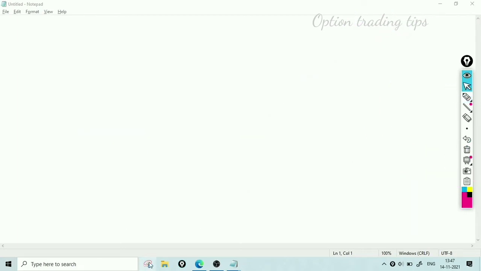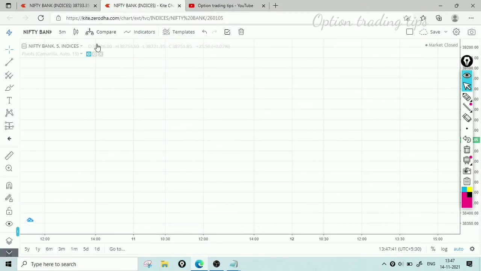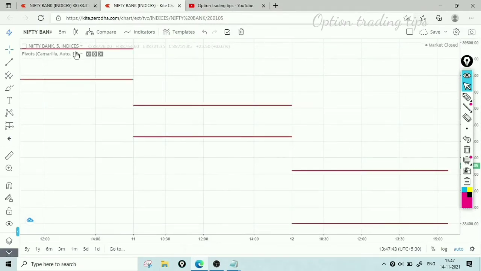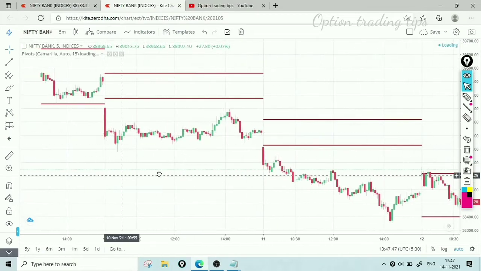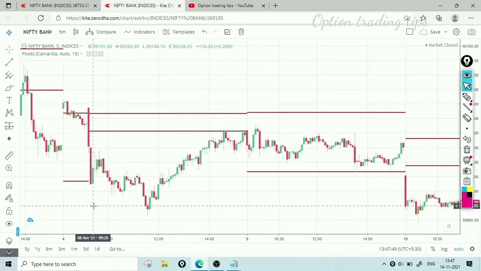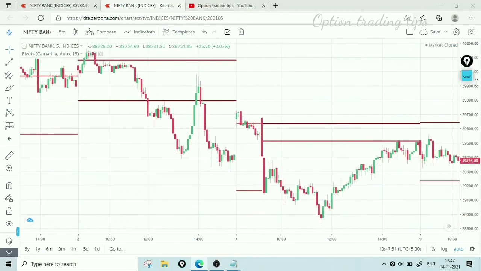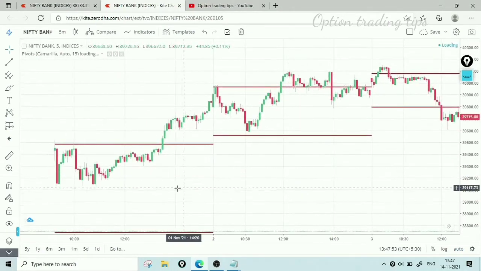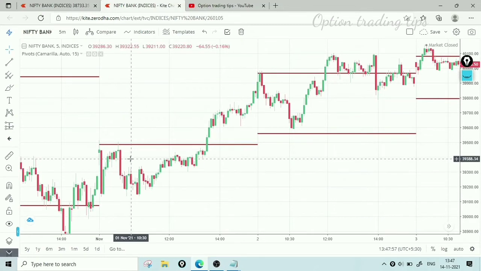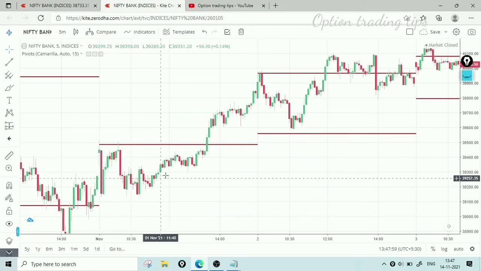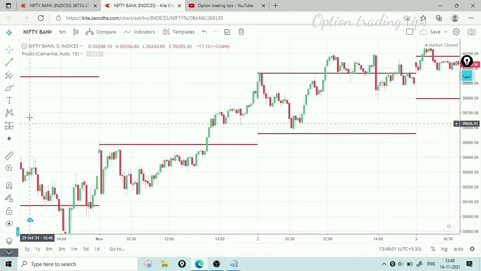Now we see this in the chart. For this month, I am checking from the first onwards. If you see here, the market is moving like this. After that, it makes a huge rally up to here.